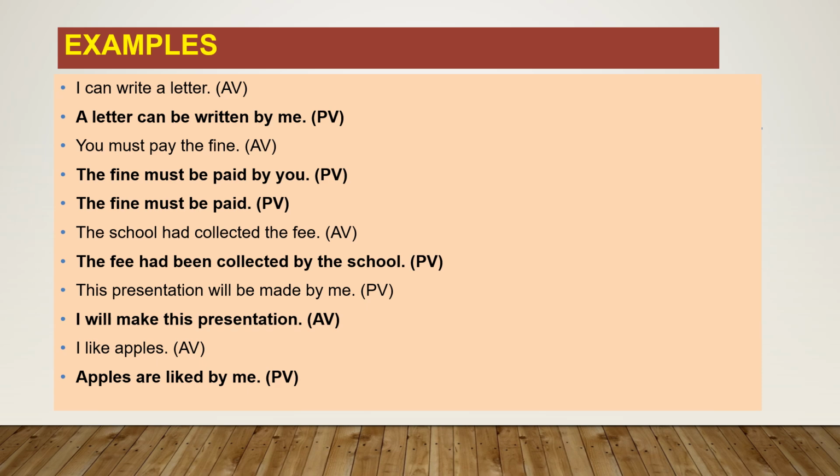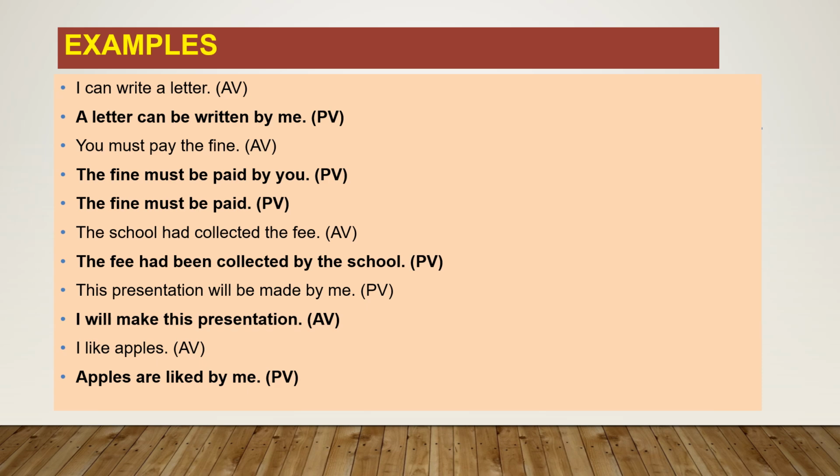So when we change it, we must remember that we have to use the form be, or any form of to be. That we have to remember. So a letter, object, becomes subject, a letter. Can write becomes can be written, write, past participle, written. By me, I becomes me, already we know, and by is used for adding it.